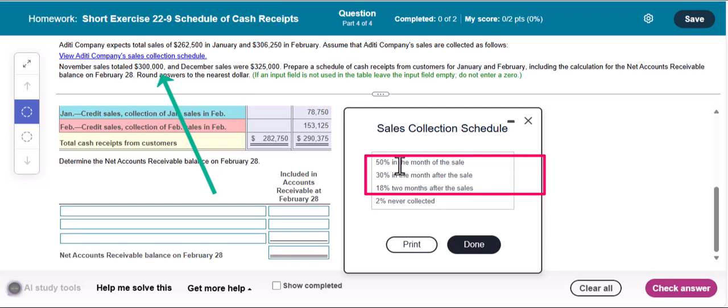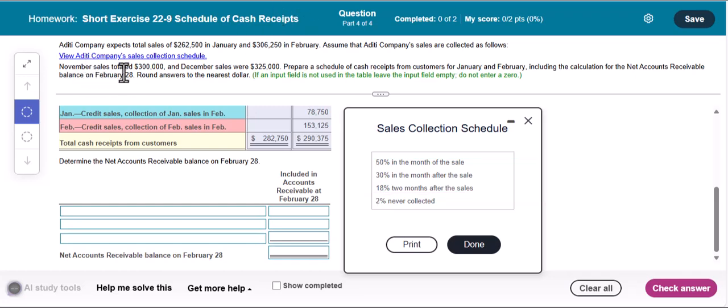So 50% in the month of the sale, 30% in the month after, and then 18% 2 months after the sale. So again, for AR, we're only collecting in the first 2 months, and anything after those first 2 months is never collected. Because remember, all 4 of these add up to 100%. So we're only collecting in the first 2 months.